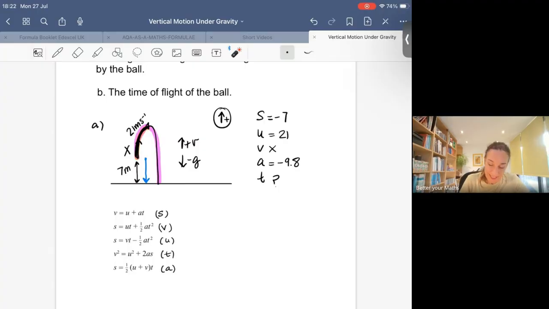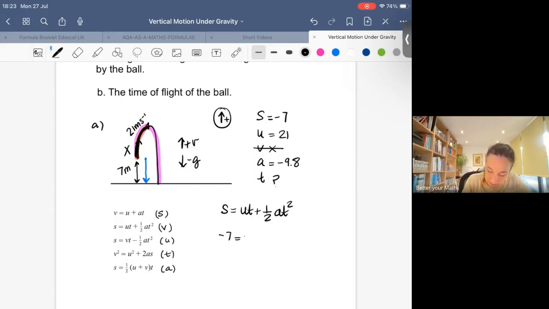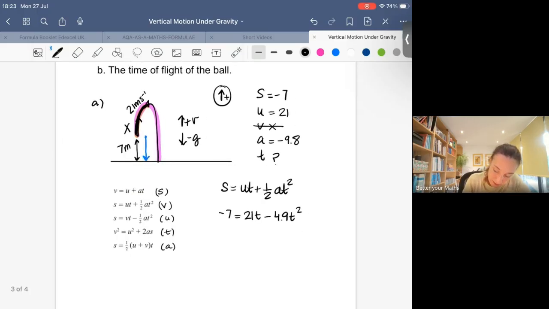Then we use a SUVAT equation without v, which is this one. So we have s is ut plus 1/2 at squared. s is minus 7, u is 21, it's a quadratic, and we are going to get one positive value and one negative value for t. If we reorganize, we have 4.9 t squared minus 21t minus 7 equal to 0.